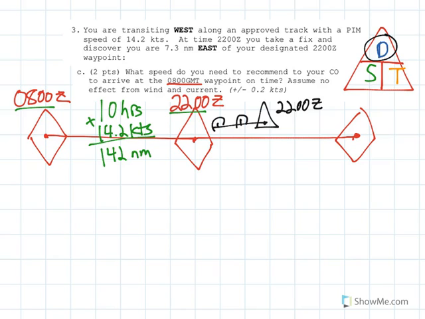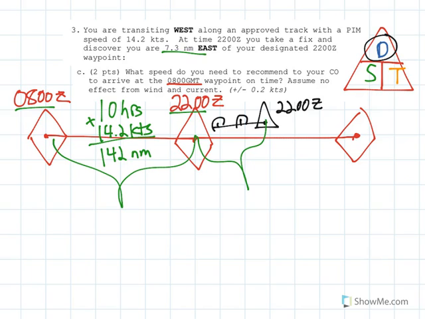You multiply them because of our time, speed, distance triangle. And in 10 hours, we will have gone 142 nautical miles. So that's part of our distance. That's this distance, from our 2200 Zulu waypoint to our 0800 Zulu waypoint. But we're not at our 2200 Zulu waypoint. We're over here. So we need to add in the distance from us to that 2200 Zulu waypoint.